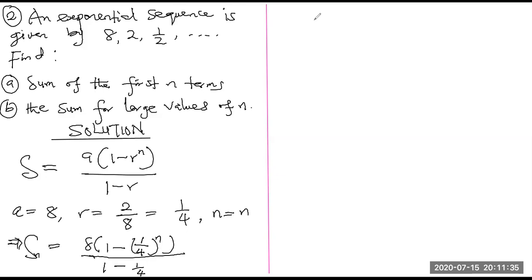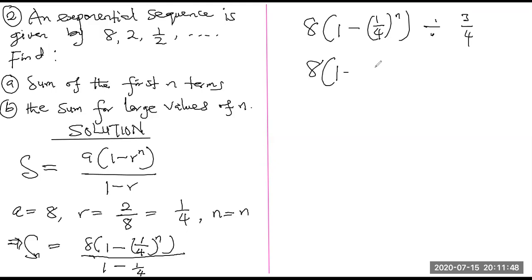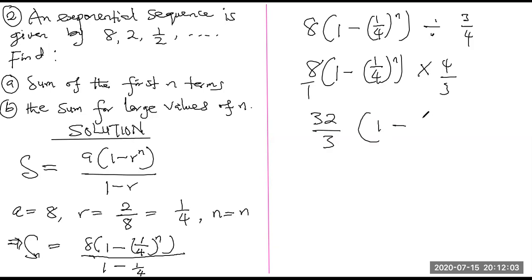So we now have 8 into 1 minus 1 over 4 raised to power n, divided by 3 over 4. Separating the multiple fraction, division becomes multiplication: 1 minus 1 over 4 raised to power n multiplied by 4 over 3. This is over 1. 8 times 4 is 32 over 3. So we have 32 over 3 multiplying 1 minus 1 over 4 raised to power n.